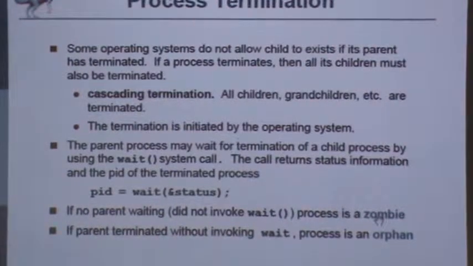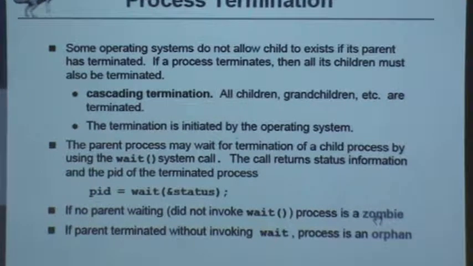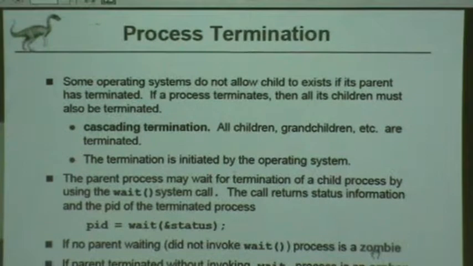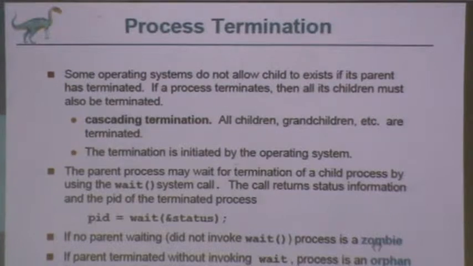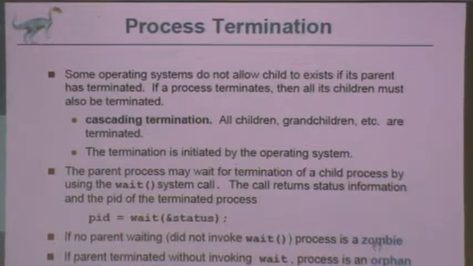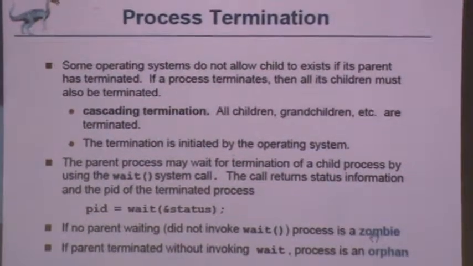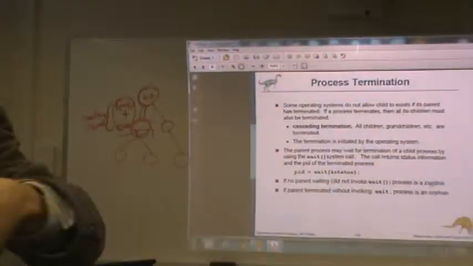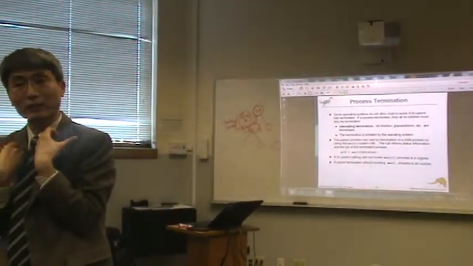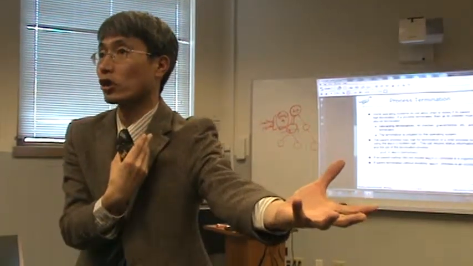Then when the child process is cascading the termination, first it will be a zombie process. Zombie process means there's no parent's process ID. Because he is my child process, I create him. However, without terminating the child process, I'm terminated. At that time, he loses the parent relationship.